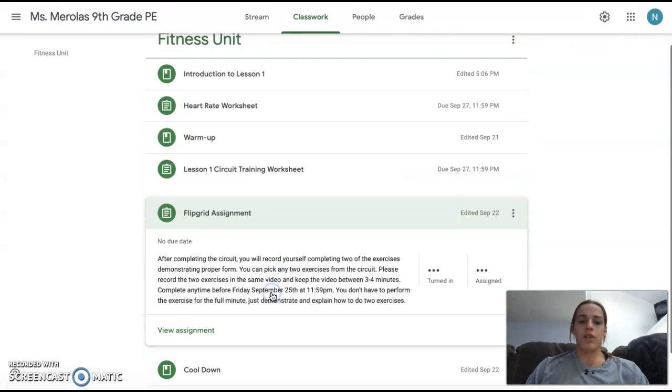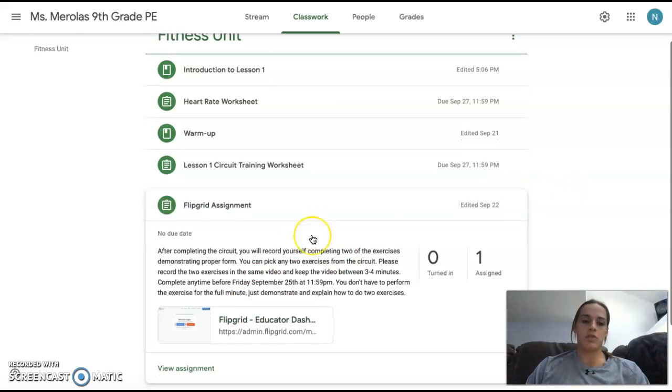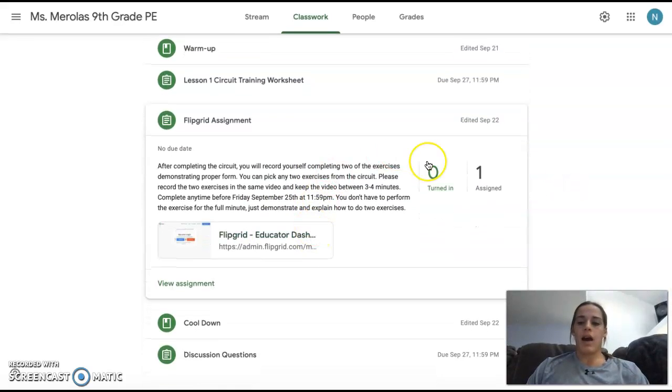However, we also have a Flipgrid assignment, and this is an assessment for the students where I can see if they know how to demonstrate or properly perform 2 of the 6 exercises in the circuit. So I ask the students to record themselves completing 2 of the exercises with proper form, cueing it and explaining the exercise as well. They would submit this to Flipgrid.